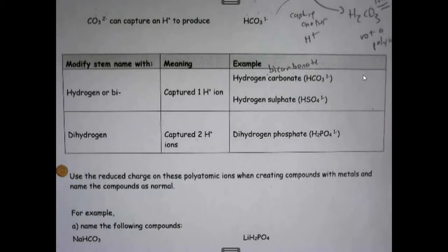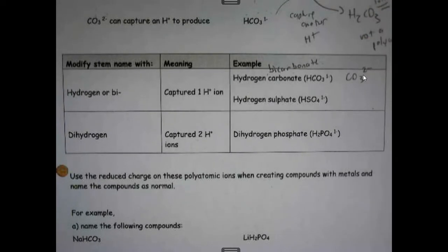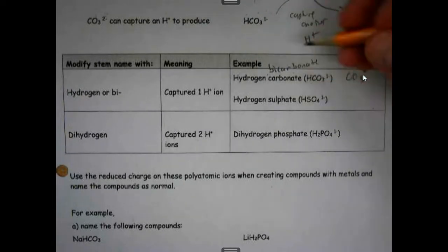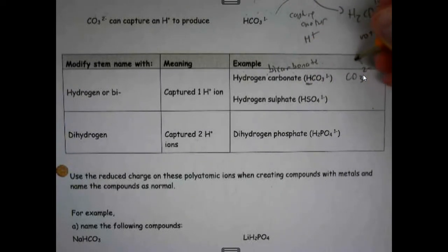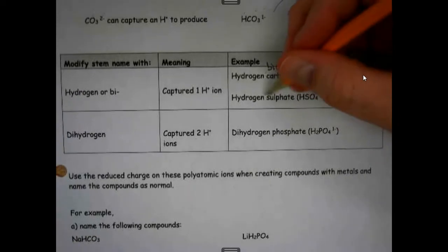And remember that when you have your CO3, it's normally 2 minus, but because you captured 1 H, it reduces the charge by 1. So it goes from 2 minus to 1 minus.